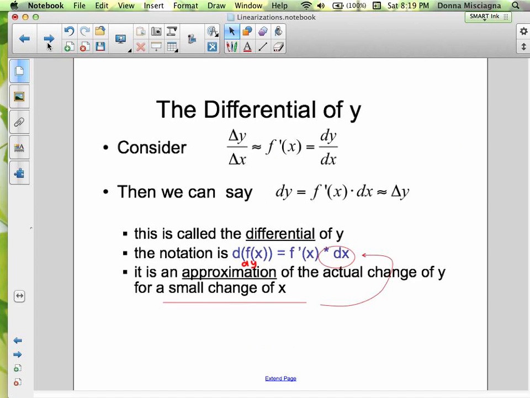The things that we're going to know: we're going to be able to calculate a derivative, and we're going to know the change in x. So this is called the differential of y. The notation is df of x, or dy, is equal to f prime of x times dx. It is an approximation of the actual change of y for a small change of x.